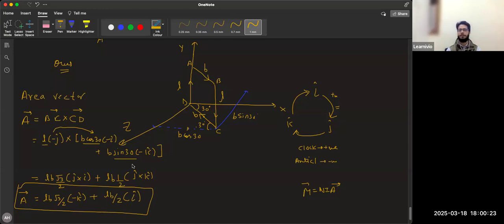We'll start with electrostatics. This is enough for vectors for now. We'll continue with electrostatics.